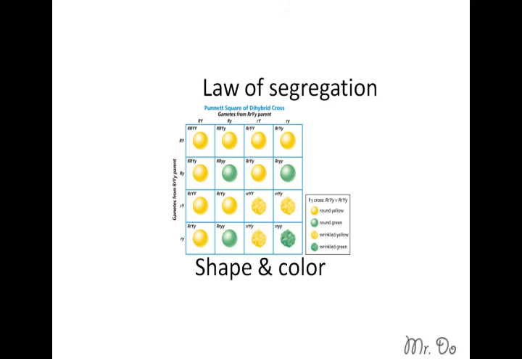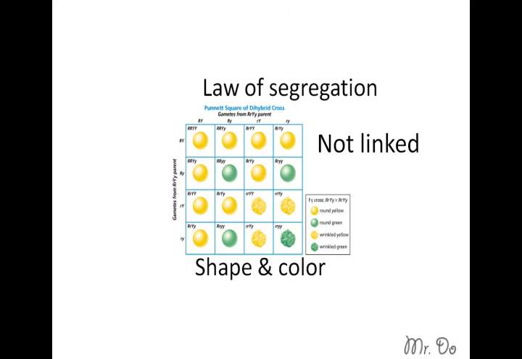Now, when we're dealing with shape and color at the same time, notice that the shape and color are not linked. For example, the first one is round and yellow, and the second is round and green. But it can also be wrinkled and yellow, and wrinkled and green. Just because it's round doesn't mean it's always going to be yellow. It can be yellow or green, and for wrinkled, it can be yellow or green.